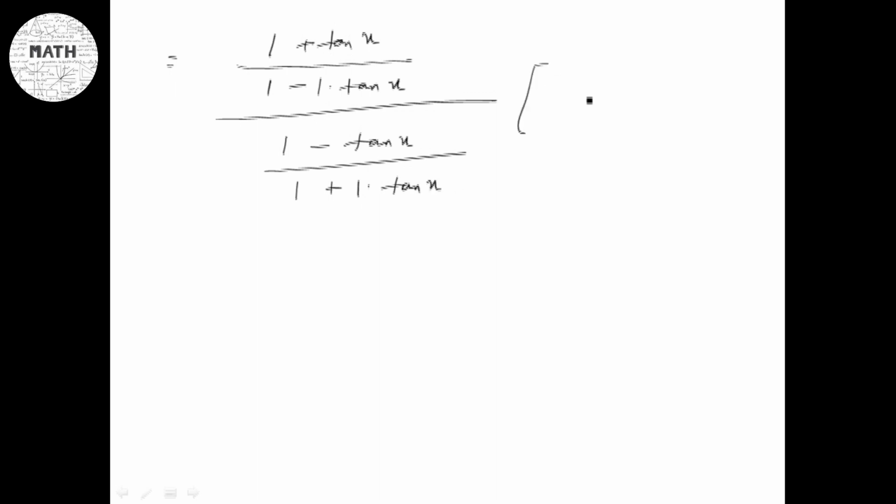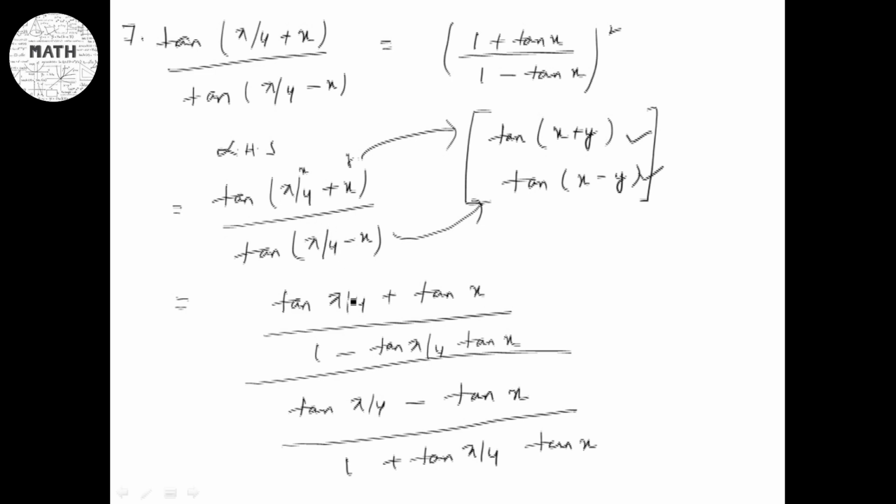Why? Because tan pi by 4 is nothing more than 1. If you're not clear, you can just go back and see, that will be nothing more than this one. This whole thing will be nothing more than 1. So I'm just going to put the value. So I got this one.